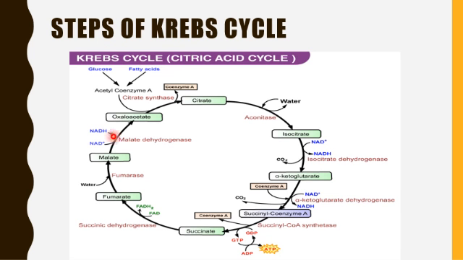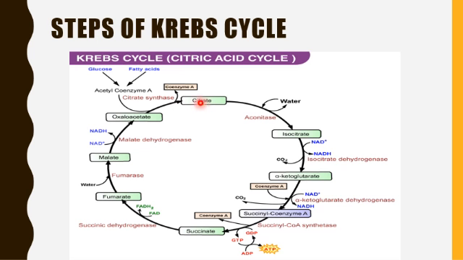So the first step, the gateway step, acetyl CoA, that is acetyl coenzyme A, the linking reaction, enters the matrix of the mitochondria and combines with a 4-carbon compound, oxaloacetate, and they produce a 6-carbon compound, citric acid or citrate.